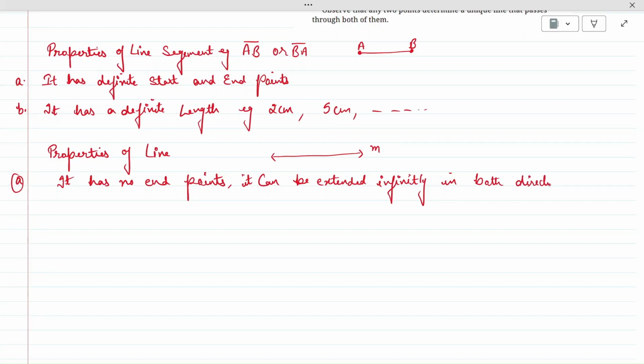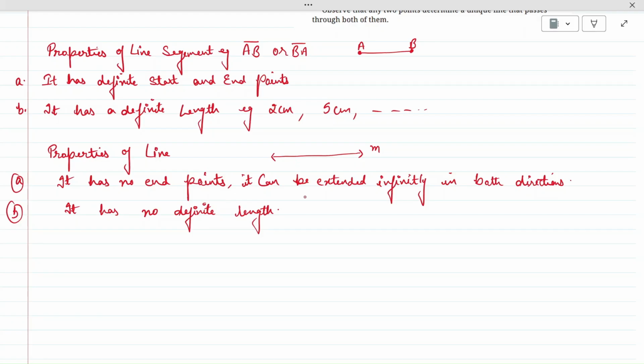This is the first thing. The second thing is, it has no definite length. So a line has to be represented by these 2 arrows on both of its sides.